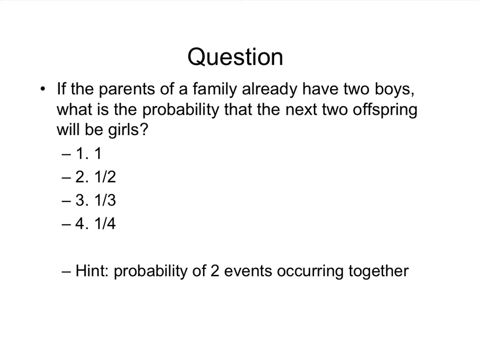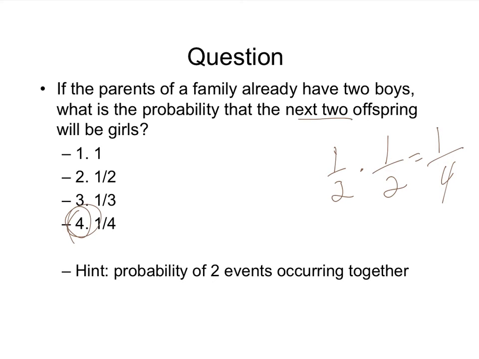We have a girl and a girl. It's one half times 1/2, because it's the next 2 being girls. 1/2 times 1/2 equals 1/4, or 1/4 of your chances.